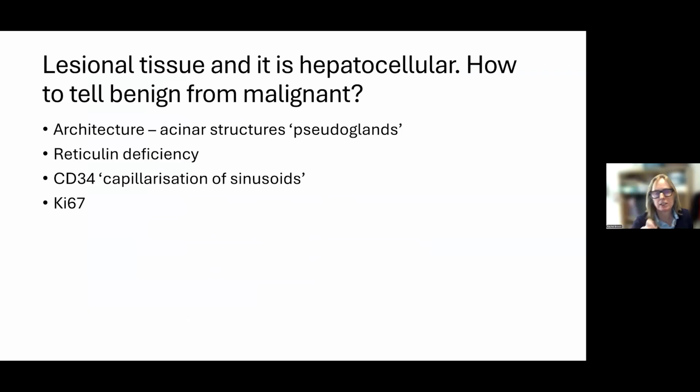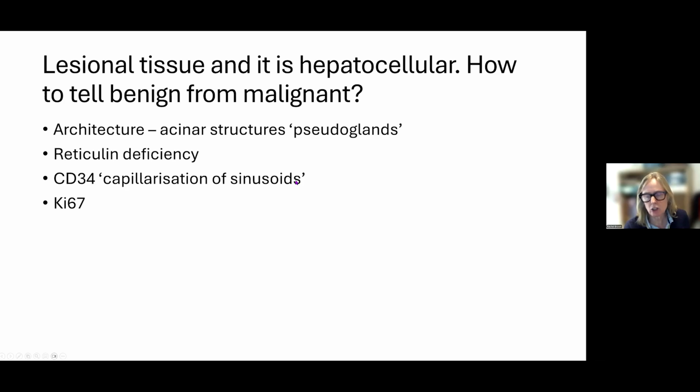So leading directly on from that, if you are looking at tissue that you are convinced is lesional, you're convinced it's hepatocellular, but you're worried, am I looking at something benign or malignant? So these architectural features, the pseudoglands I'm going to illustrate in a moment, the reticulin is super important. CD34 can sometimes help you.